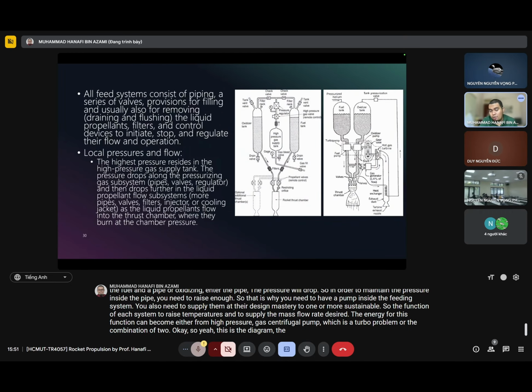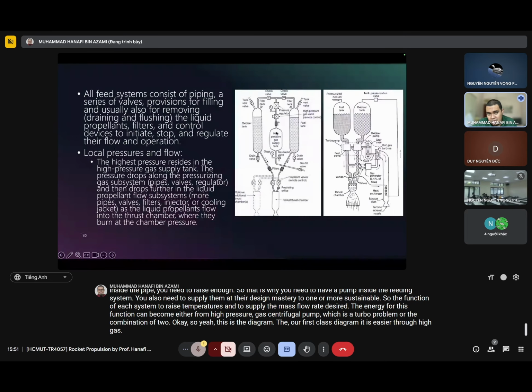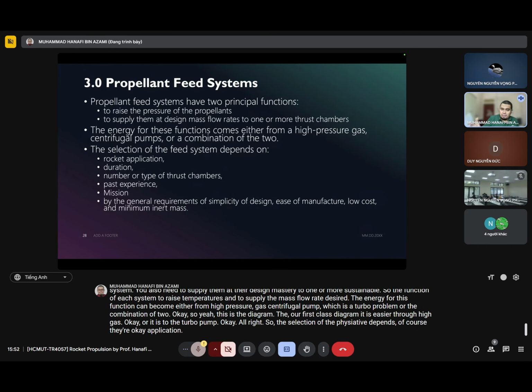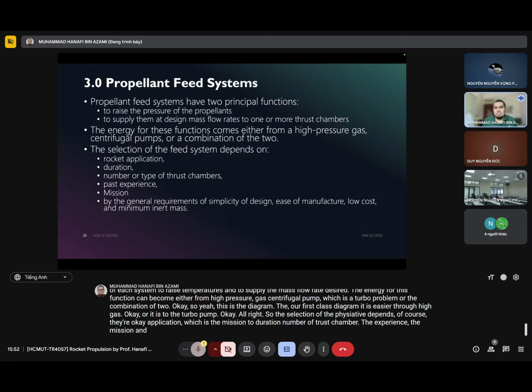This is our first class diagram. The selection of the feed system depends on the rocket application, which is the mission, the duration, the number of thrust chambers, the experience, and also the general requirement for simplicity of the design.